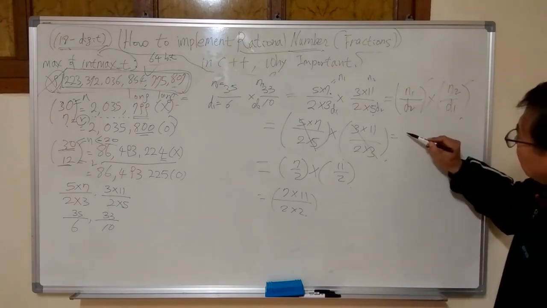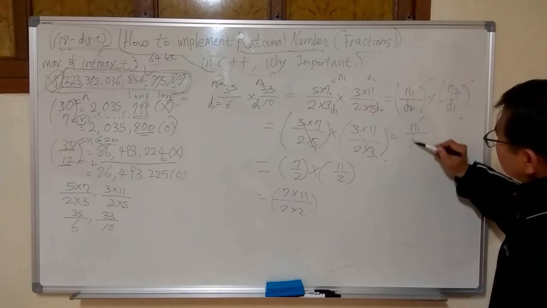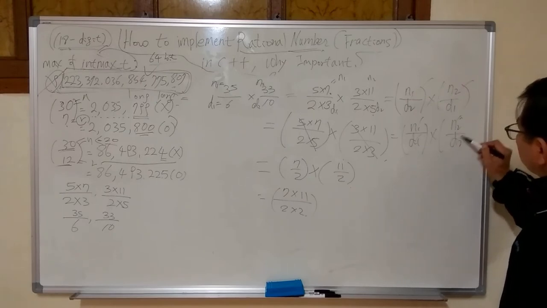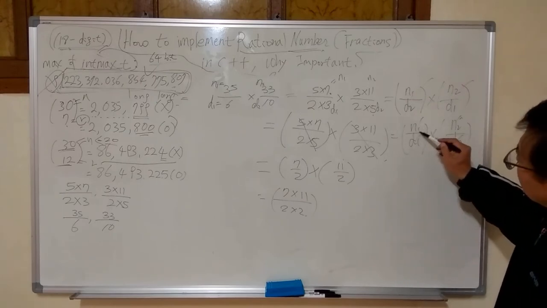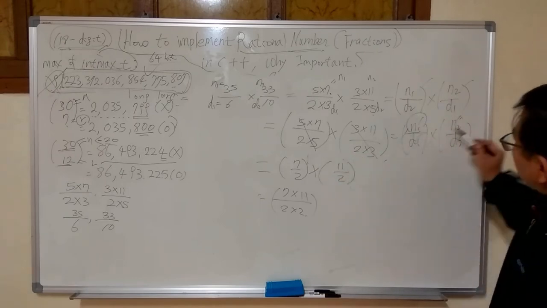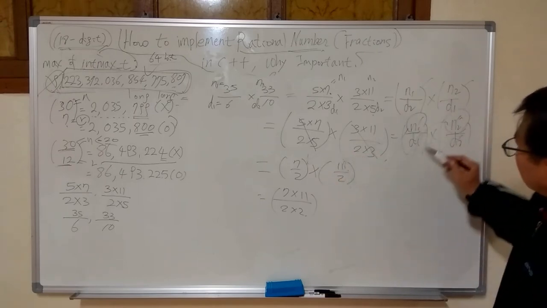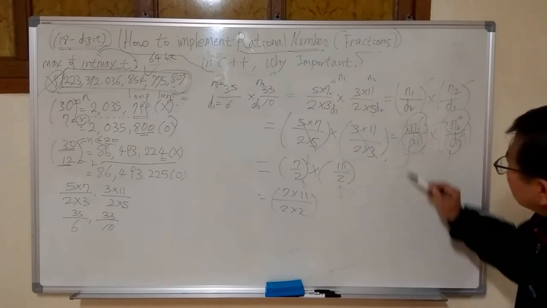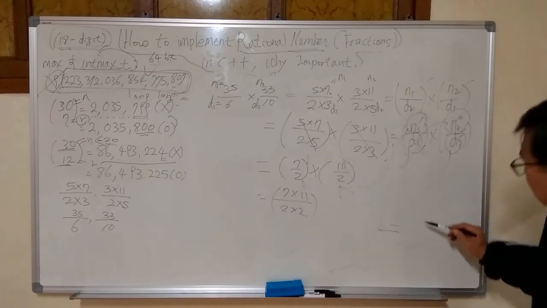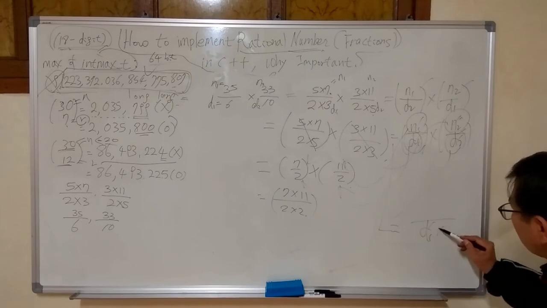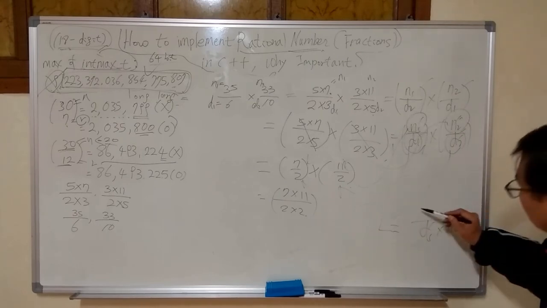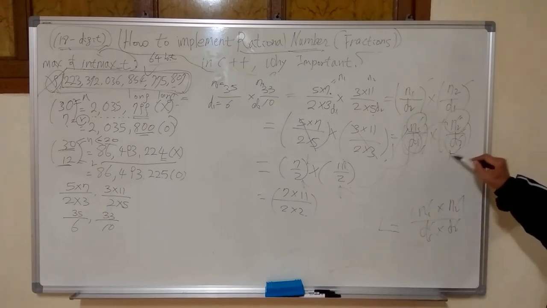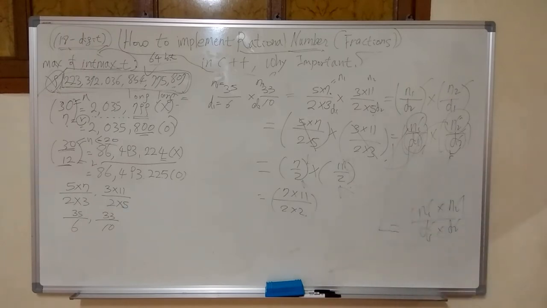If we reduce, it becomes N1 prime over D2 prime times N2 prime over D1 prime, where N1 prime, N2 prime, D1 prime, and D2 prime are these numbers. Then we have the result like this: N1 prime times N2 prime over D1 prime times D2 prime. So we have to compute it this way. This is multiplication.